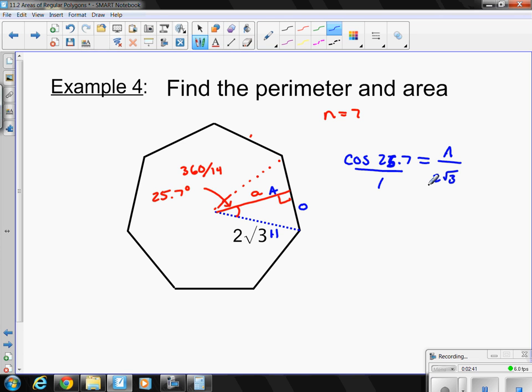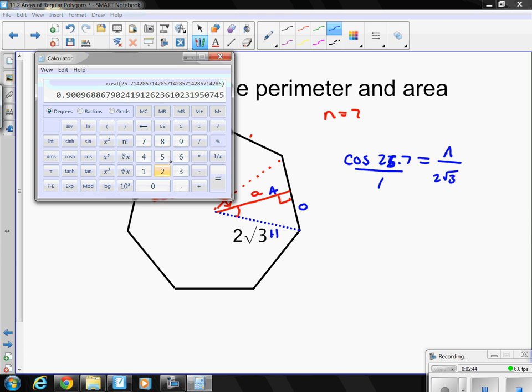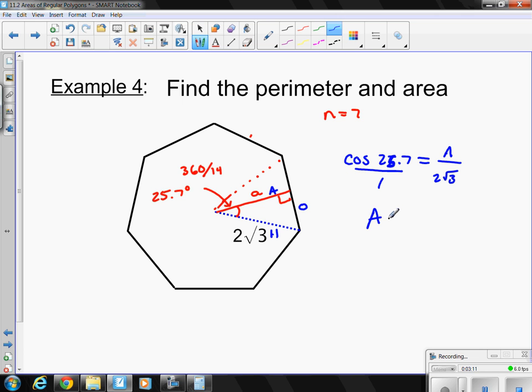That is over 1, so cross multiply and divide. So I'm going to multiply it by 2 times the square root of 3. So I think I have to put 3 and then hit square root, and it should take the square root first. Yep, I'm checking up here, that looks good. I want to use a lowercase a. My apothem is going to be 3.12.